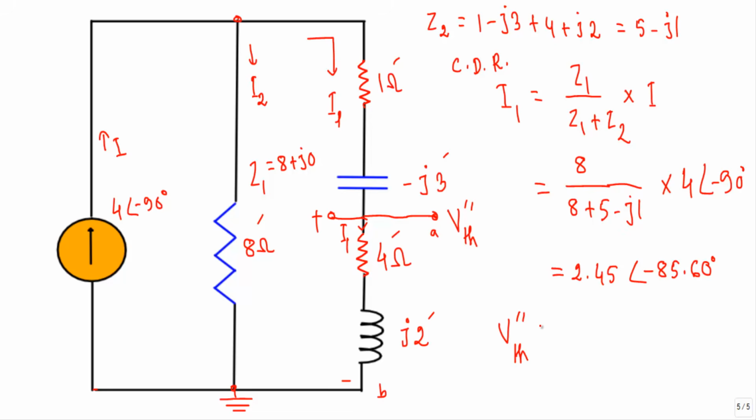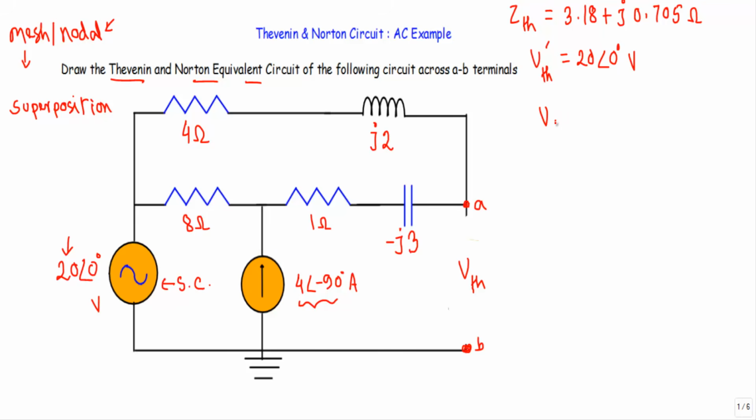I will simply take current I1 into the impedance from this point to this point, that is 4 plus J2, and our VTH double prime will be equal to 10.95 with phase angle minus 59 degree.